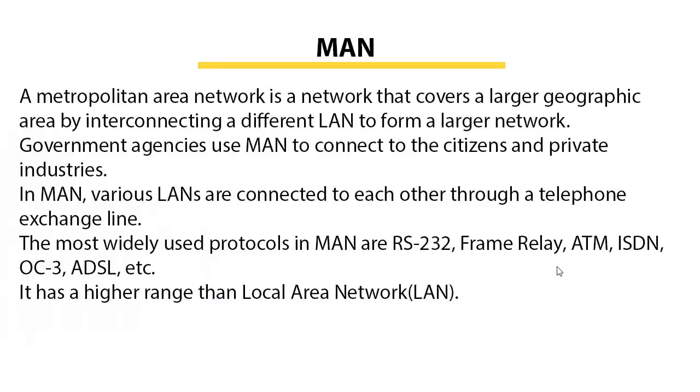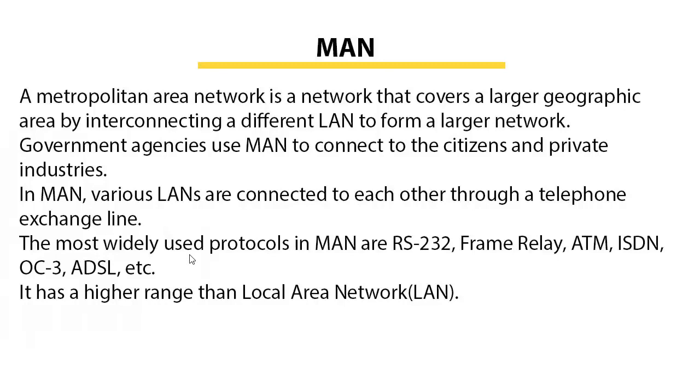Then you have your MAN. A metropolitan area network is a network that covers a large geographical area by interconnecting different LANs to form a larger network. Government agencies use MAN to connect to the cities and private industries. In MAN, various LANs are connected to each other through a telephone exchange line.